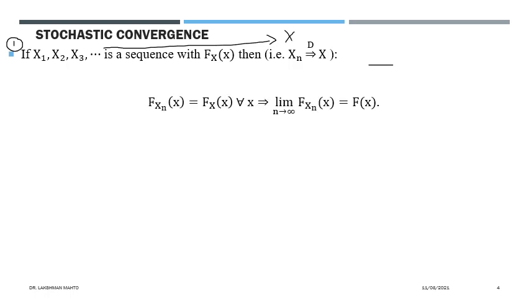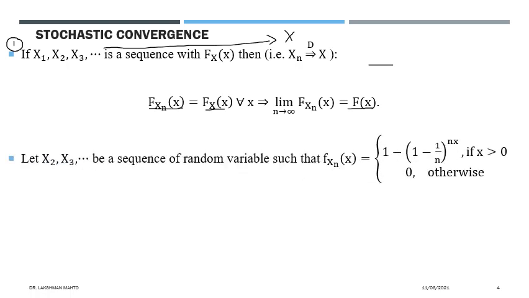How can we see the convergence? It is very simple. Every member of the sequence has the same distribution, so if you find the limit of the distribution function of Xn, it is the same for every Xn, and hence the limiting value would be just F of x. It is a very simple example of stochastic convergence.